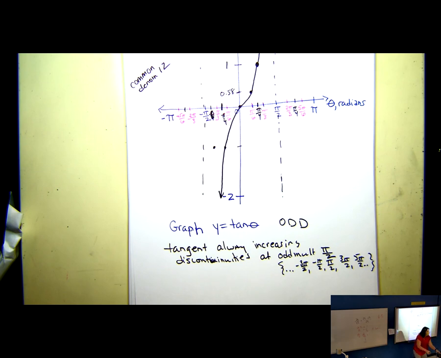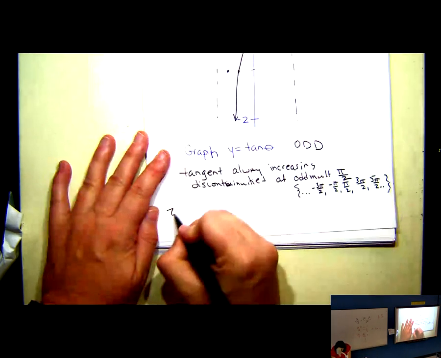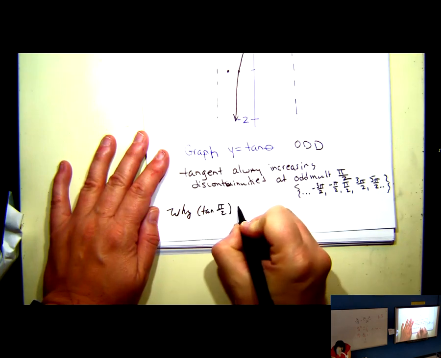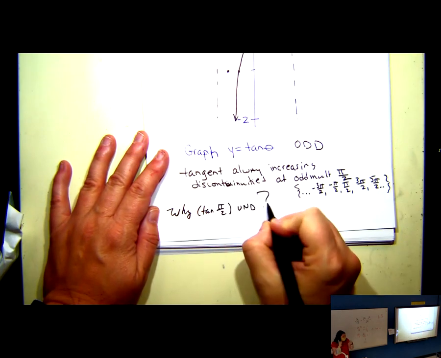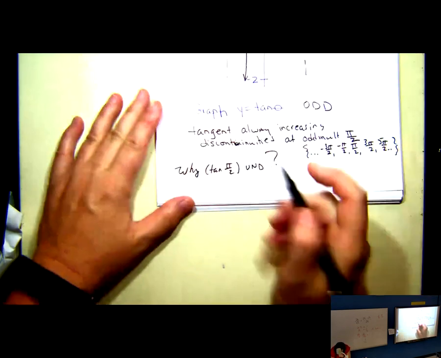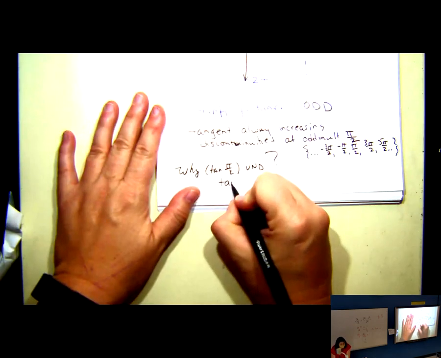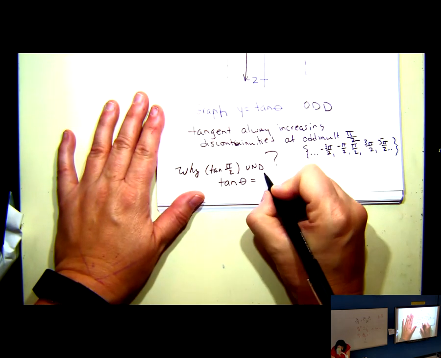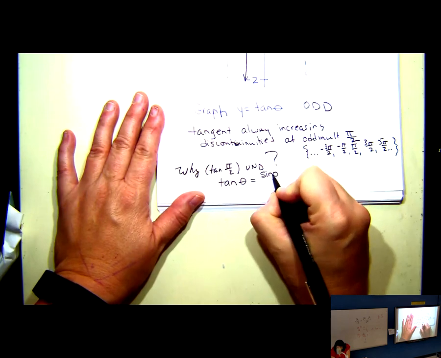Question. Why is tangent theta undefined at theta equals pi over 2? And let's just go a little further. You got it. Originally it's undefined, and tangent of theta can be thought of as, yeah, but why?